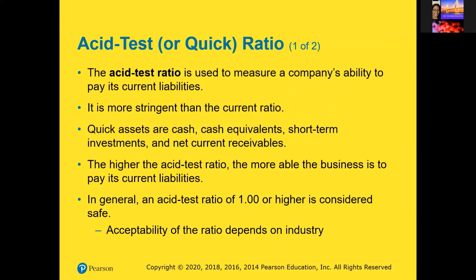So quick assets are cash, cash equivalents, short-term investments, and net current receivables. The higher the asset test ratio, the more able the business is to pay its current liabilities. So an asset test of 1.0 or higher is considered safe.